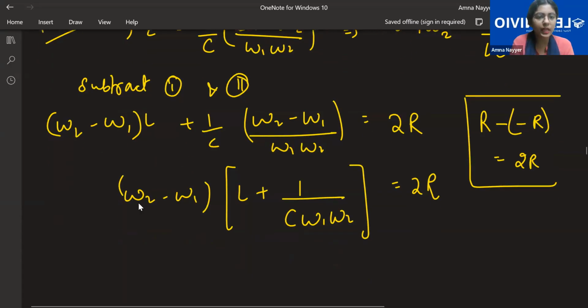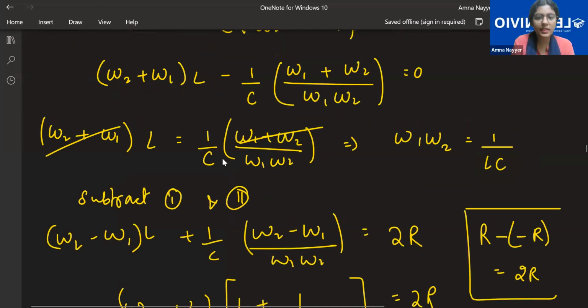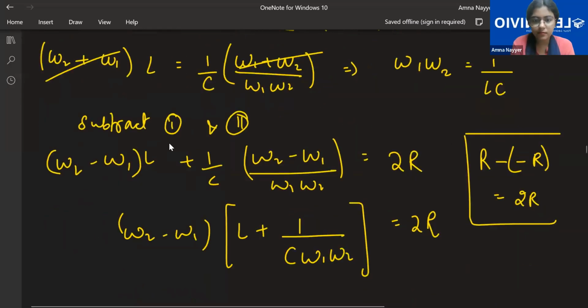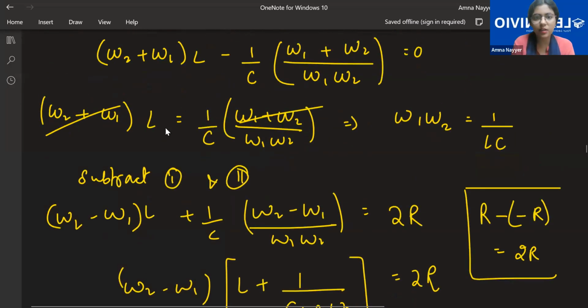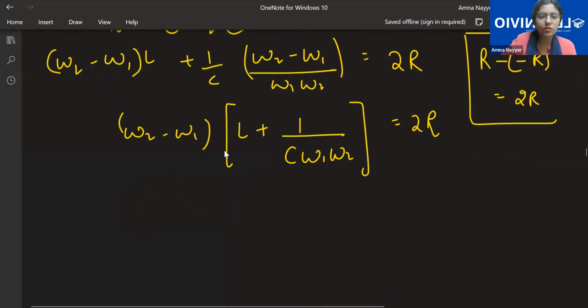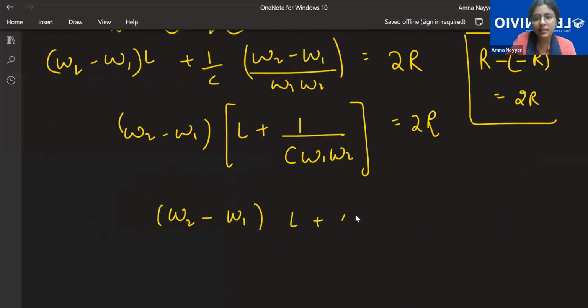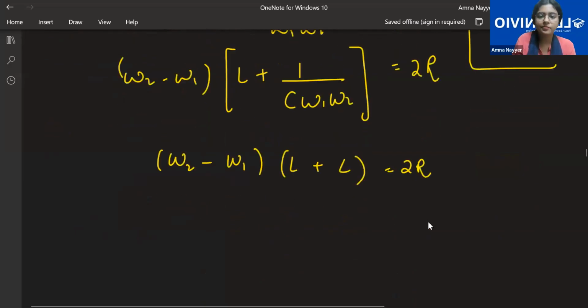So what do we get? We get here omega 2 minus omega 1. If I take common from both of them, from here L will be left, from here 1 by C omega 1, omega 2 will be there. So 1 by C omega 1 into omega 2 is equal to L from this equation that we got. So omega 2 minus omega 1 is L plus L is equal to 2R.